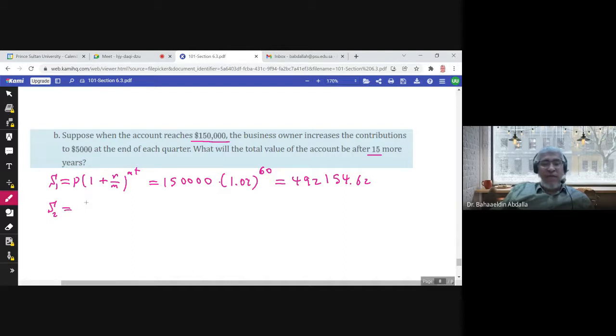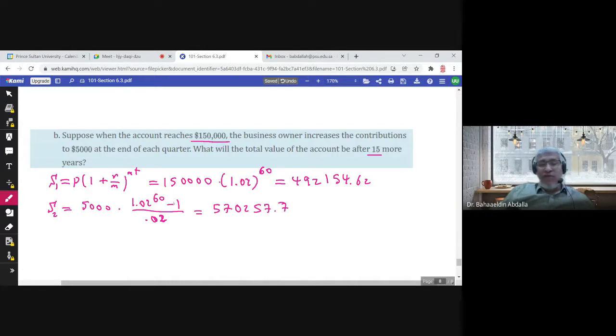S2, the future value of the ordinary annuity, would be 5,000 times 1.02 to the power 60 minus 1 over 0.02. This is the future value of the annuity with deposit 5,000. If you use the calculator, the answer is 569,702.57 dollars.